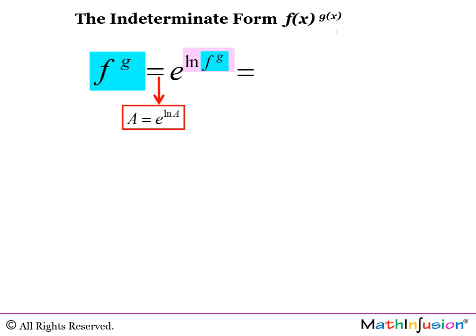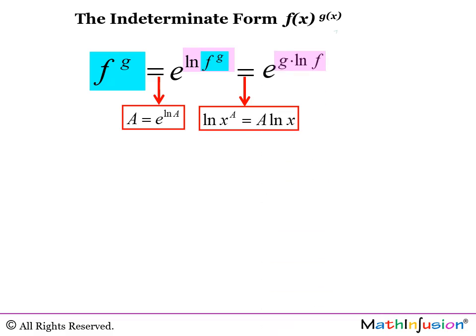Now I'm going to simplify this using rules of logarithm. I know that ln of x to the power of a is a times ln of x, and I get e to the power of g times ln of f.